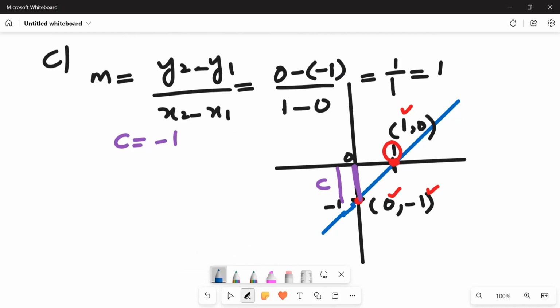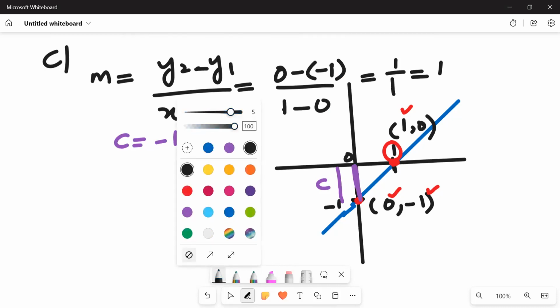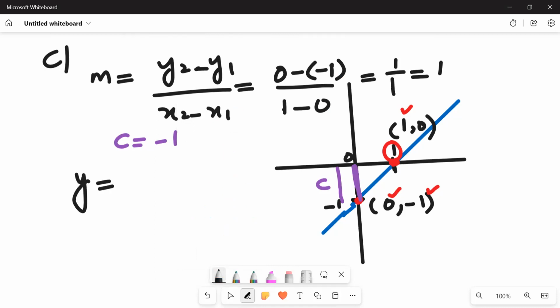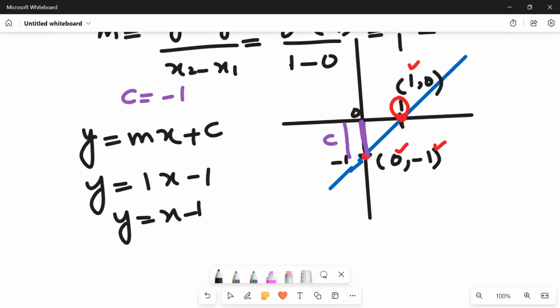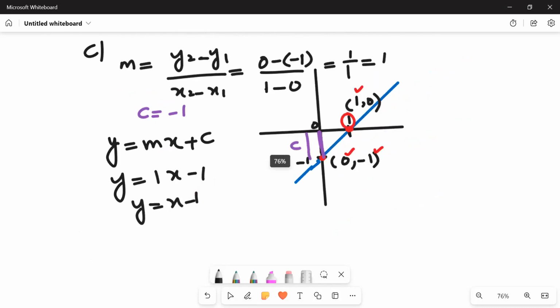Now we put these values in the equation of the line y = mx + c. m is 1 and c is -1, so the equation is y = x - 1. Hope you understand.